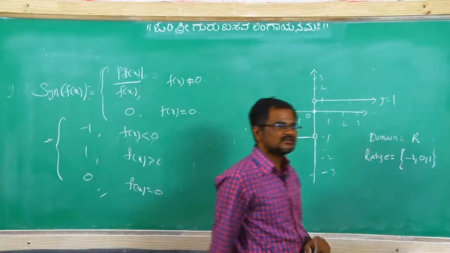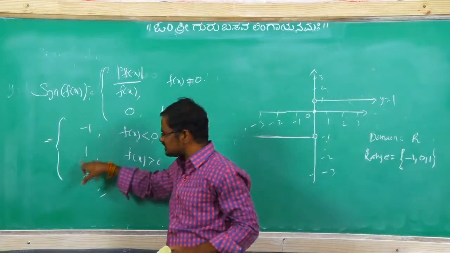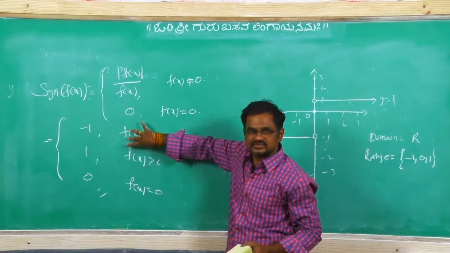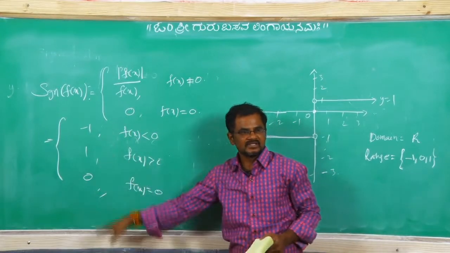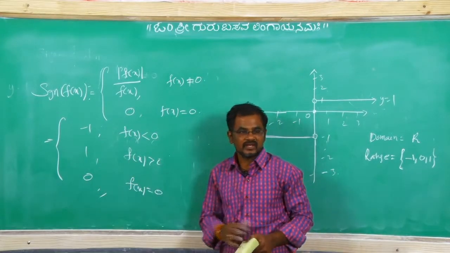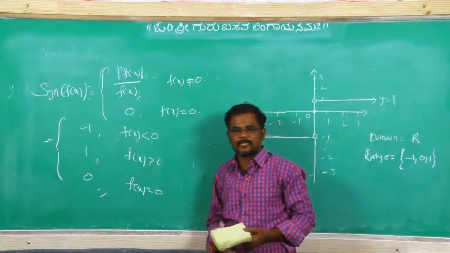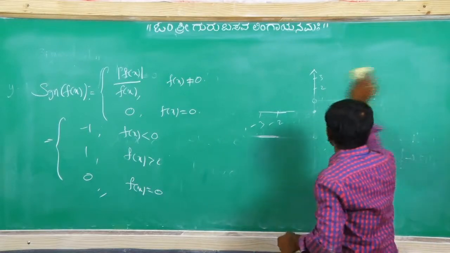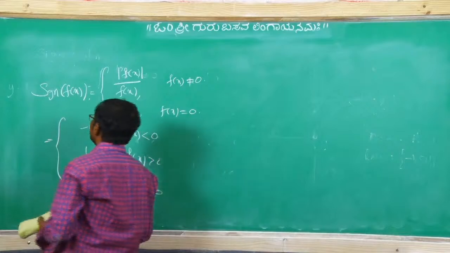But the graph is, whatever the values here, minus 1, 0 and 1 are there, but according to these values, understood or not? The y values are the same. According to this one we have to take, but the x values exist based on this one. Right.